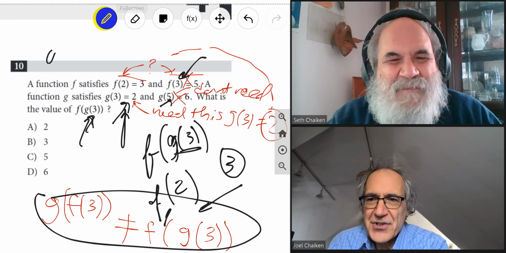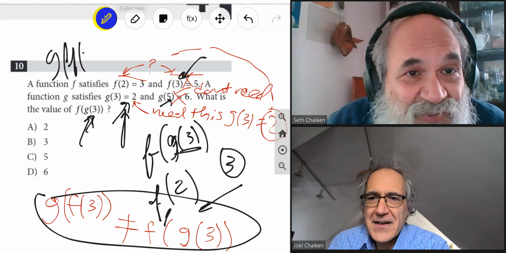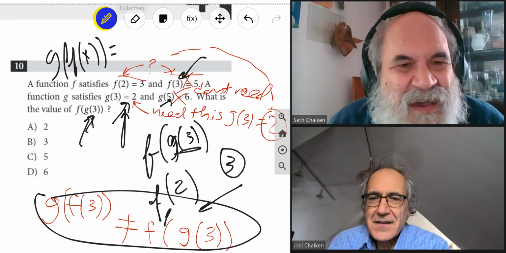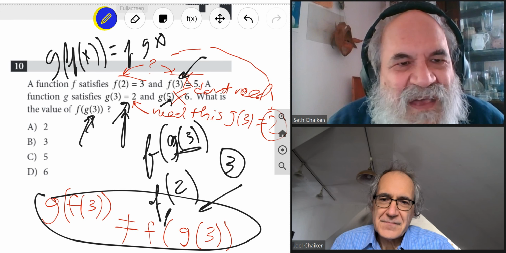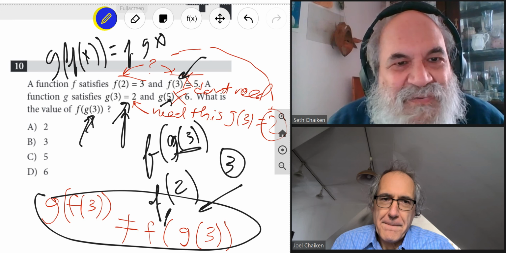If you have a function g, well, f of 2 equals 3 and f of 3 equals... What type of function is one of those? That's f of 2 equals 3, and g of 3 gives you back 2, and f of 3 equals 6.